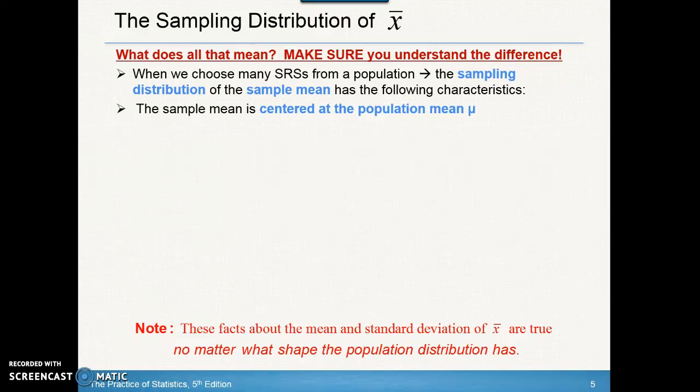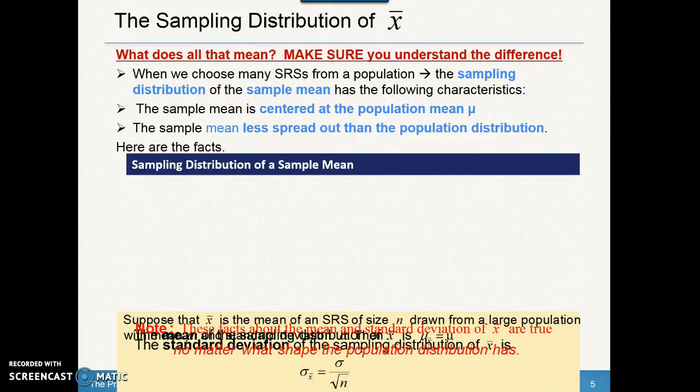The center of that distribution is the same as the center, or the mean, of the population, okay? The sampling distribution is going to be less spread out than the population distribution. And let's just think about why. Since all of those are a bunch of averages, when I take 100 salaries and I'm averaging the lower salary to the higher salary, they kind of balance each other out, and they're going to put the X bar closer to the population mean.